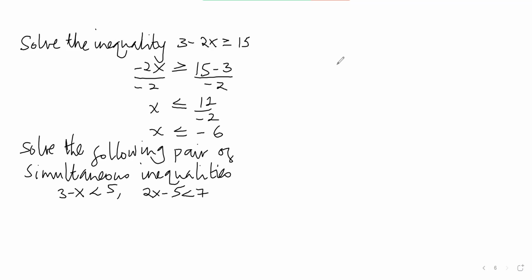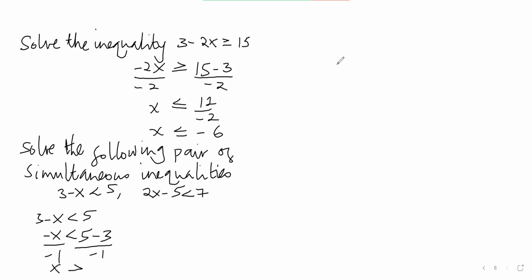So we solve the first one, then we solve the second one, then we combine the two. Therefore, we have 3 minus x is less than 5, minus x is less than 5 minus 3. And then we divide this by minus 1, and once we divide that, we change.